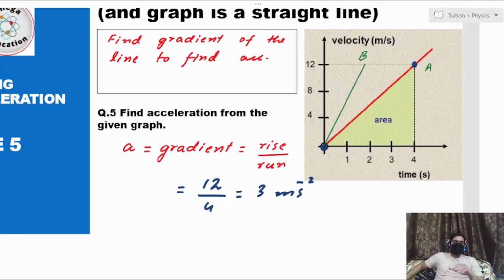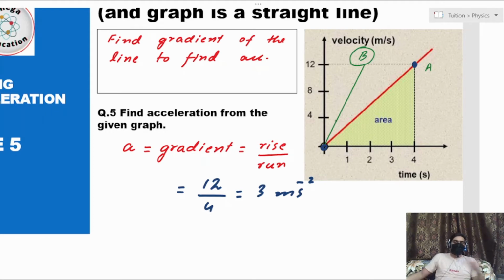So without doing anything, you simply identify that the graph of object B has more acceleration because the line is more tilted, right? It is closer to the y-axis, all right?